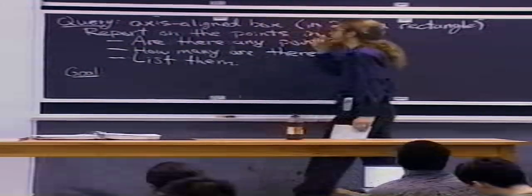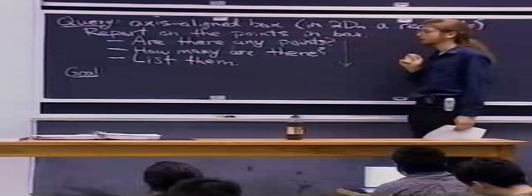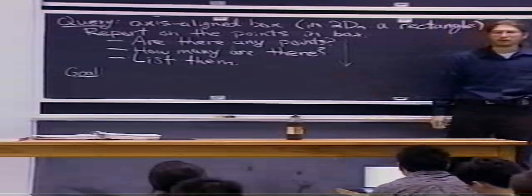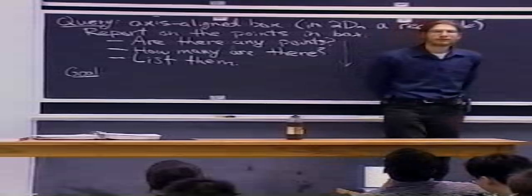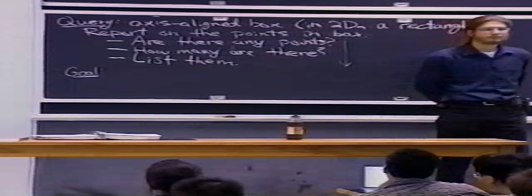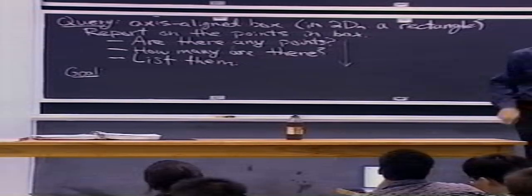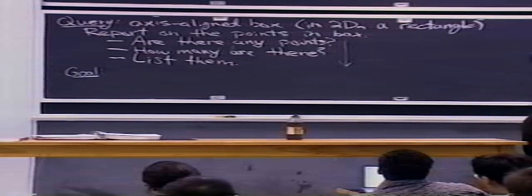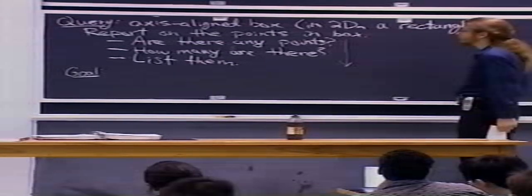Well, if I just give you a set of points and I give you a box, what's an algorithm for finding all the points in the box? It's actually pretty easy. Yeah? Go through each one and see if it's between the x-coordinates and the y-coordinates. Right, go through each point and see whether it's between the x-coordinates and the y-coordinates.